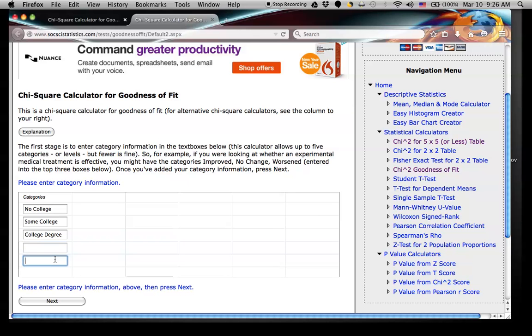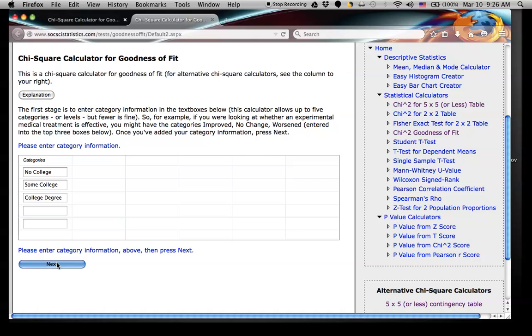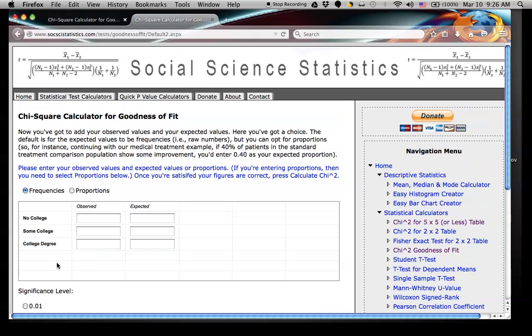As long as we leave these next 2 blank, the site automatically detects that there are just 3. And we could do it off of the frequencies or the proportions. Now we have information on these frequencies, so we're going to actually type in the actual frequencies here. So we have no college was 25. Some college was 42. And a college degree was 17.